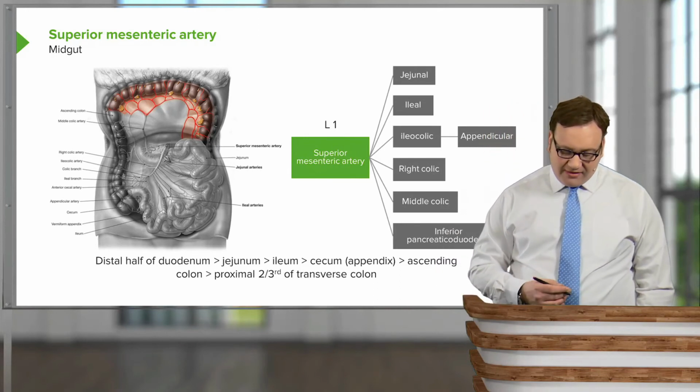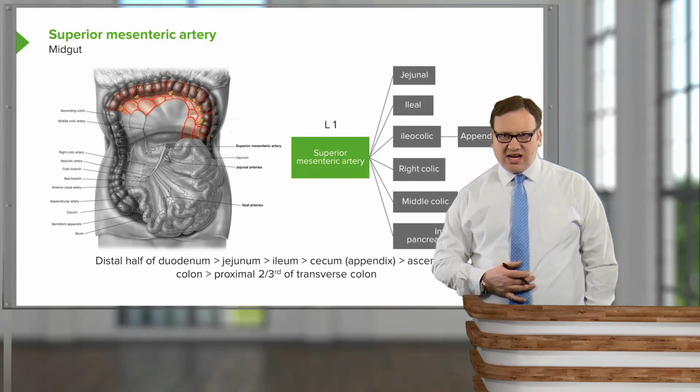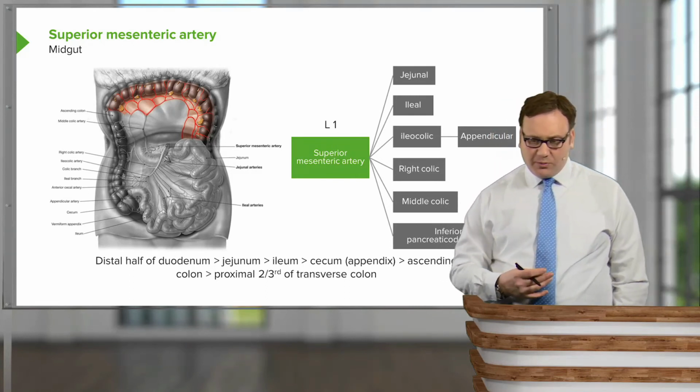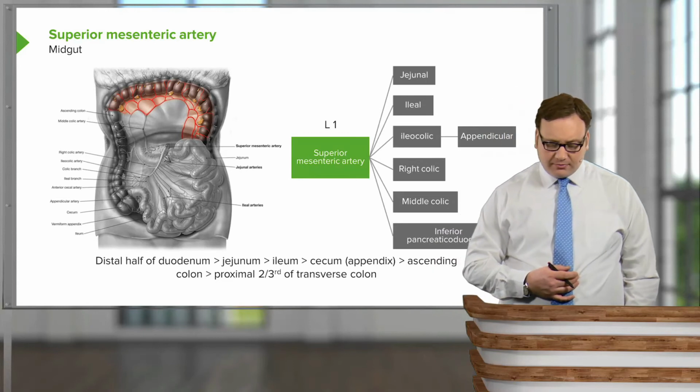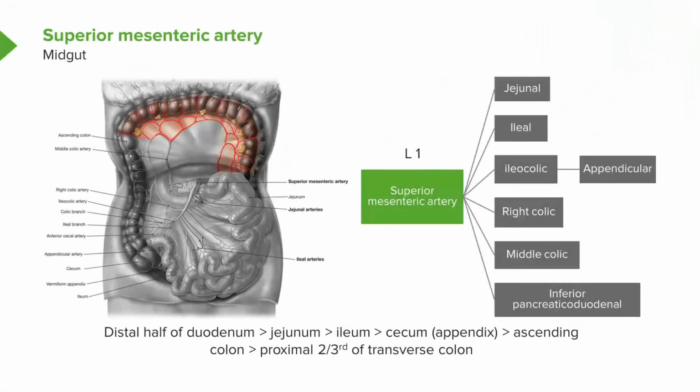We also have the inferior pancreatico-duodenal artery, and we spoke about that when we looked at the arterial supply to the foregut. So we've got the superior mesenteric artery, which gives branches to the jejunum and branches to the ileum. It gives branches to the ileocolic junction, so to the distal part of the ileum and to the cecum, and we'll also find an appendicular branch there as well.